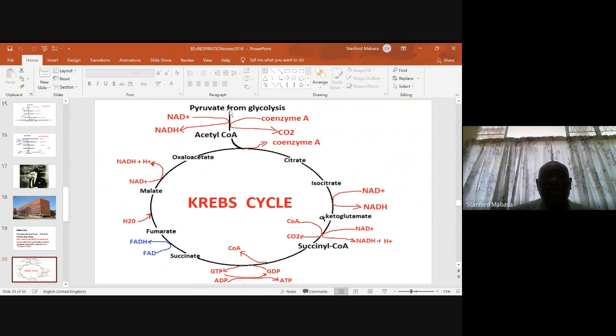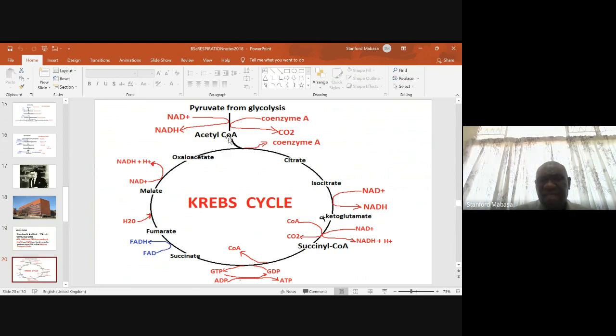So here we've got the pyruvate from glycolysis, which gives us acetyl coenzyme A, and carbon dioxide may be produced here. Here we are also producing NADH.